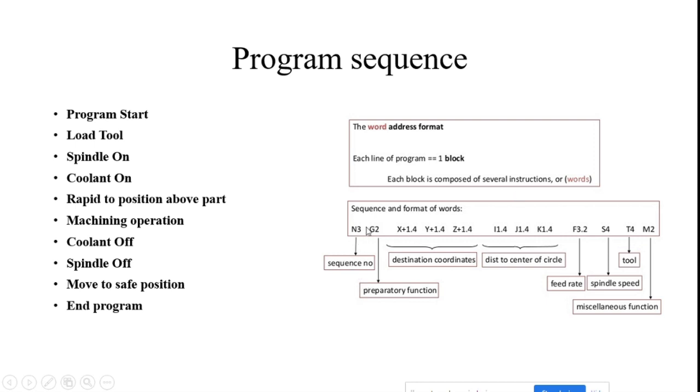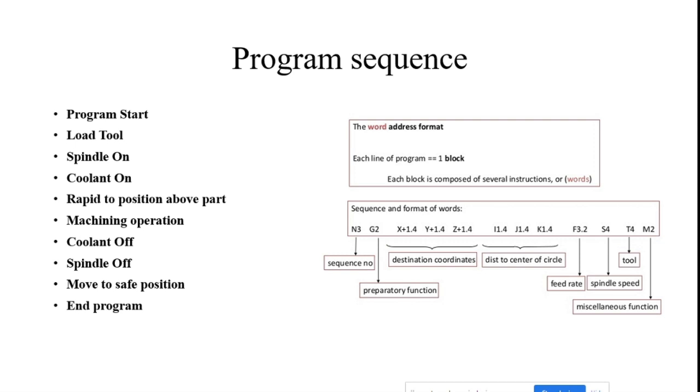Let's see. Here the sequence starts with N, which is the sequence number. Just as when you create a table you give serial numbers, likewise the program sequence also has its sequence number. After the sequence number, you should assign the preparatory function, which is the G code.